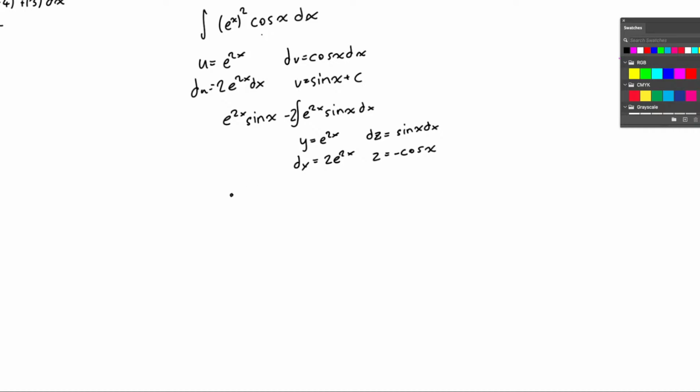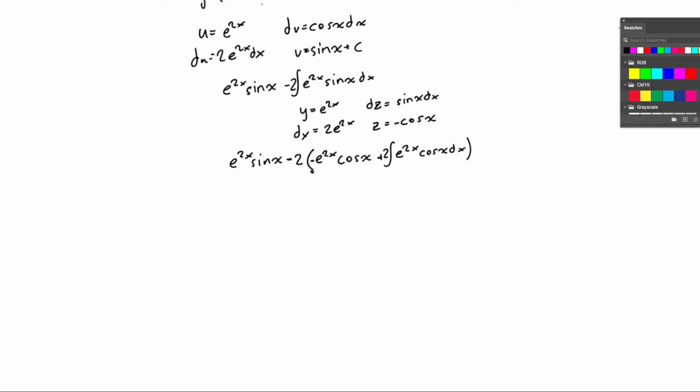So this becomes e to the 2x sine x minus 2 times negative e to the 2x cosine x minus the integral of 2e to the 2x cosine x dx, and this would become a plus.